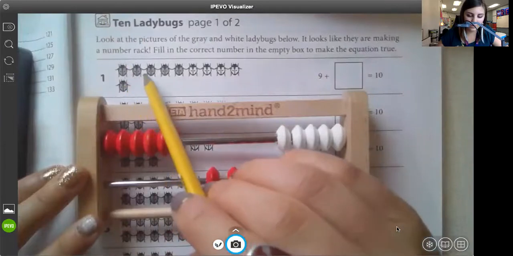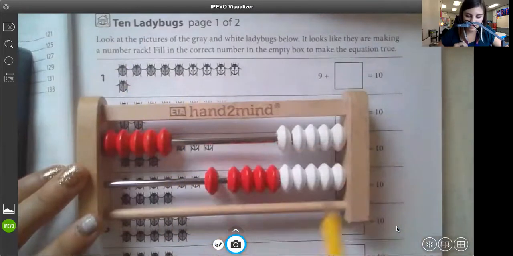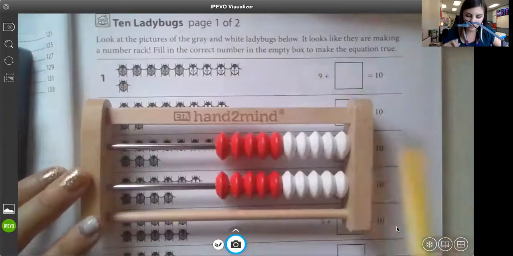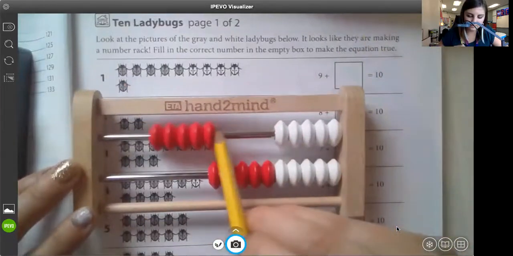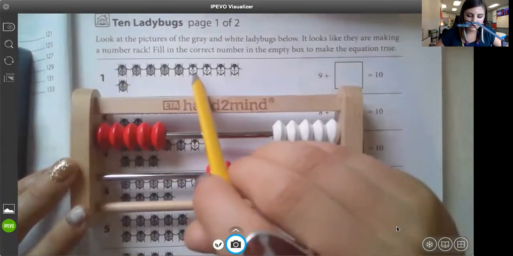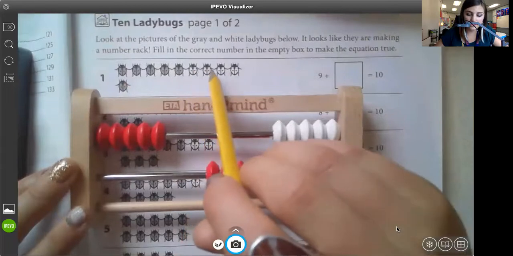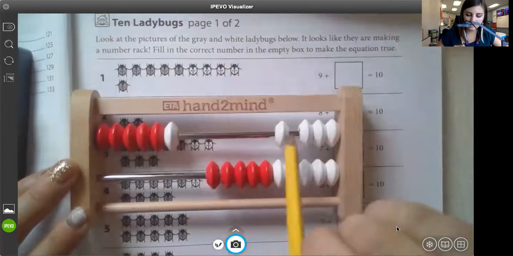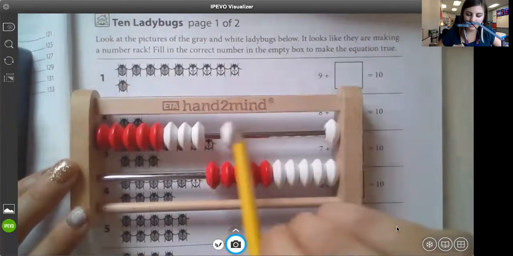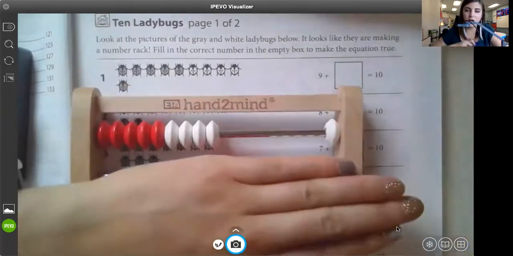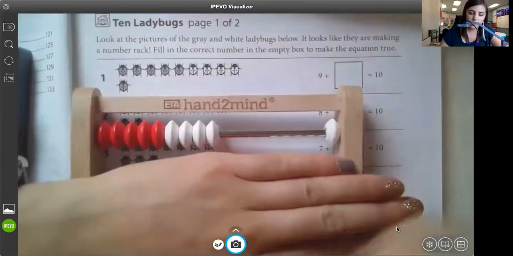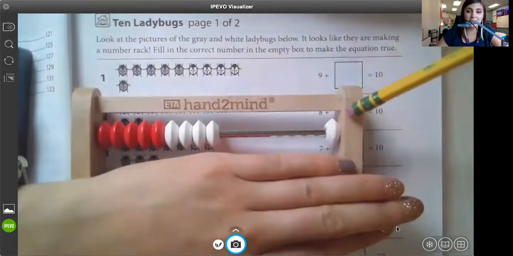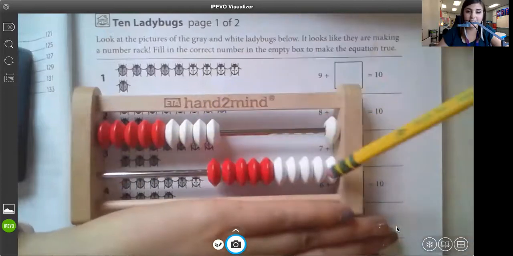1, 2, 3, 4, 5. So on my number rack, I'm going to push over 5 red ladybugs. I'm going to count the white ones. 1, 2, 3, 4. So let's just take a look at that top of the number rack. We know the top of the number rack has 10 beads on it. We know the bottom number rack has 10 beads on it.